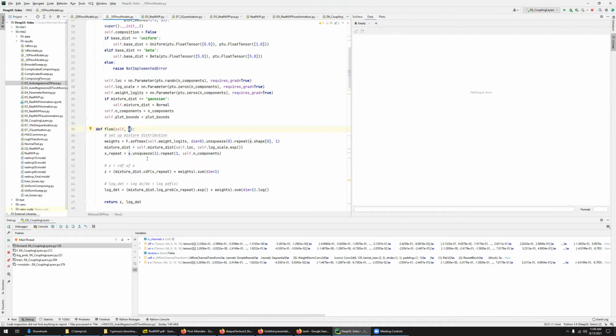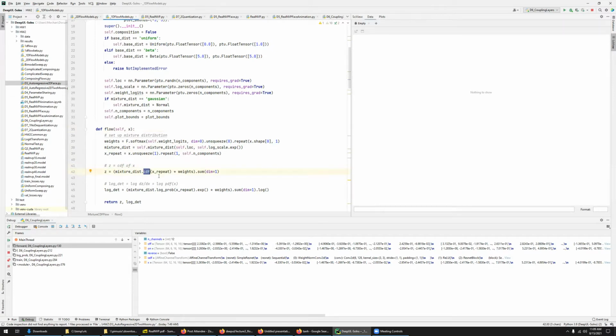Okay, and here you set up the mixture distribution with the mean and the standard deviation or variance, one or the other, and then you do the CDF. They're just doing the CDF here as the mapping function between x and z, from the data to the latent z.